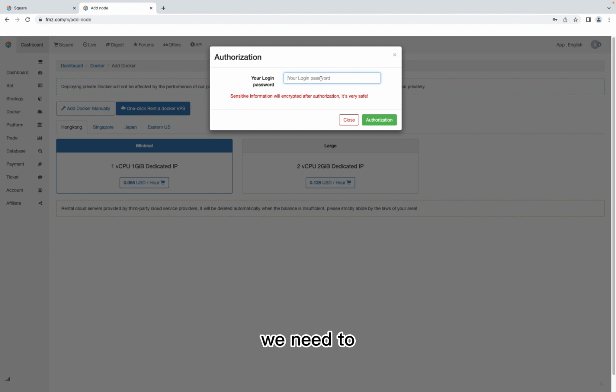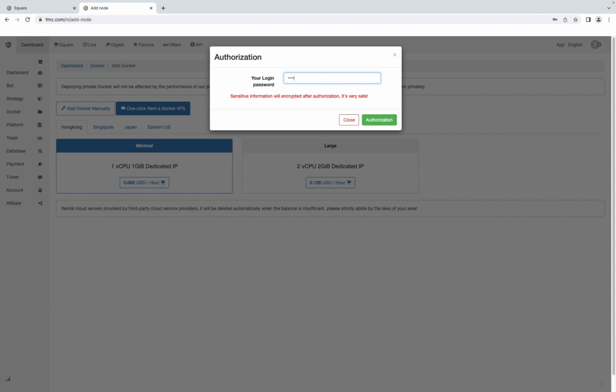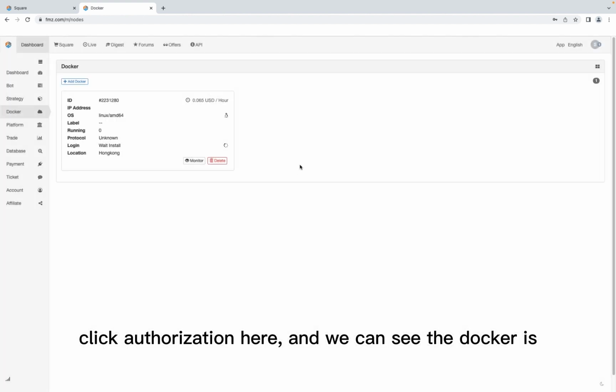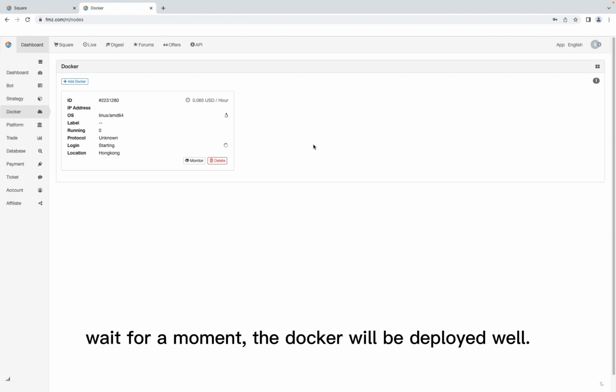Here we need to enter the account password of the FMZ platform. Click authorization here, and we can see the Docker is being deployed. Wait for a moment, the Docker will be deployed.